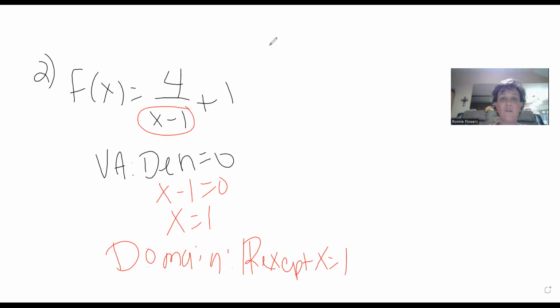So when you get the vertical asymptote, you've immediately found the domain. Okay, now let's do the horizontal asymptote. All right, the horizontal asymptote you get from this right here. Now with these simple transformations, that's where you get it. Okay, so the horizontal asymptote, because it went up 1, is y equals 1. That's all there is to it. All right, 1.